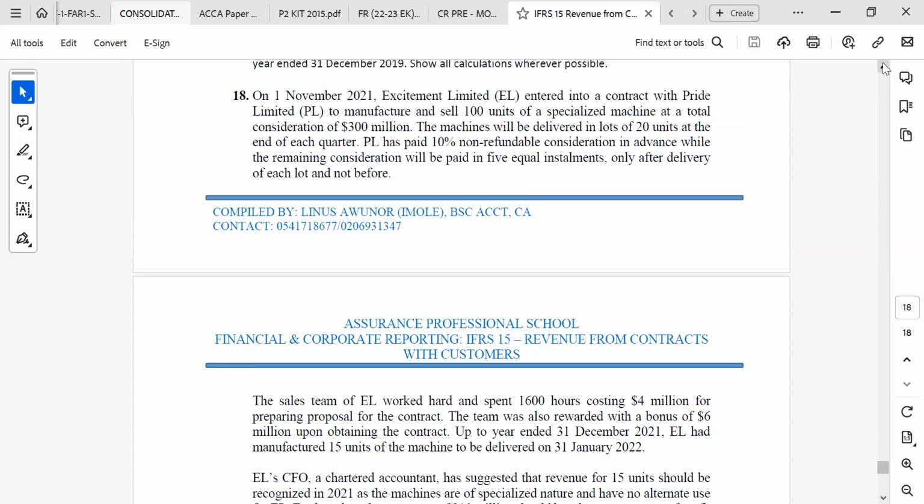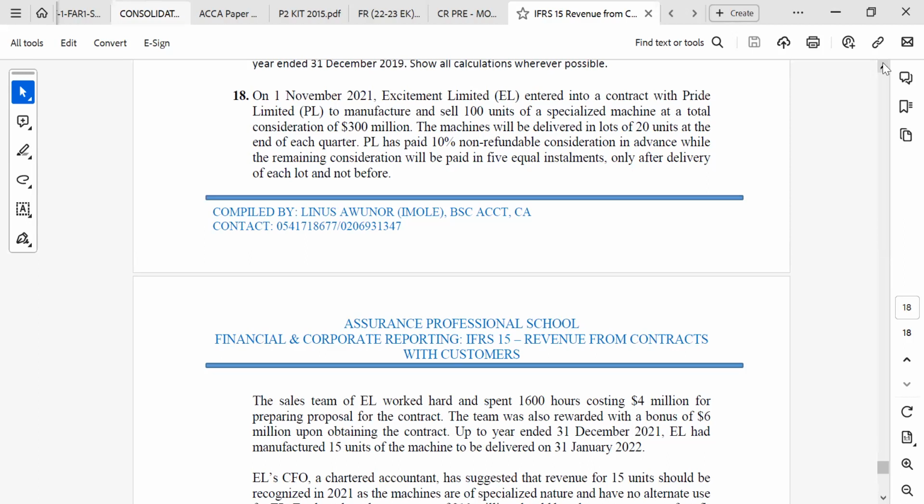This can be seen as a performance obligation satisfied over time. Since it's a construction, the default is that the performance obligation should be satisfied over time, unless the question says that it is the policy of the company to recognize revenue at a point in time.